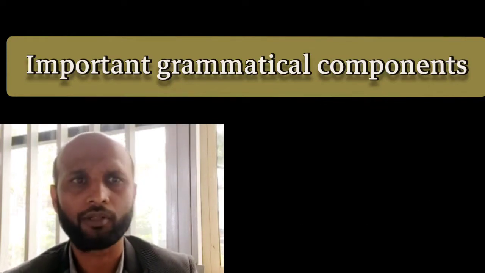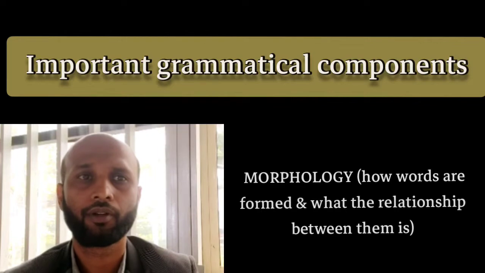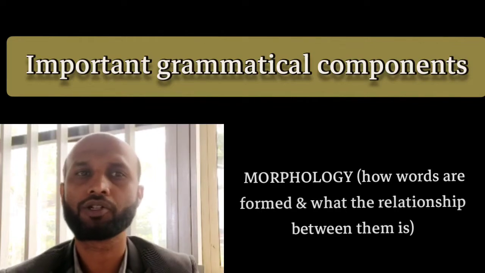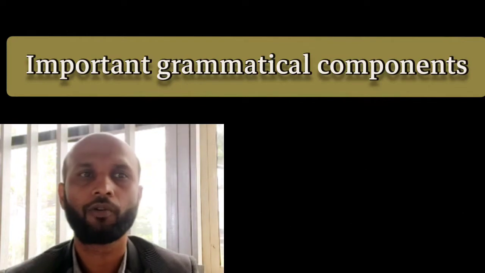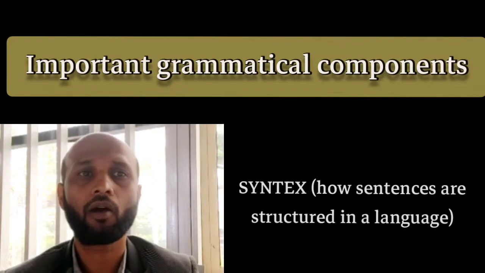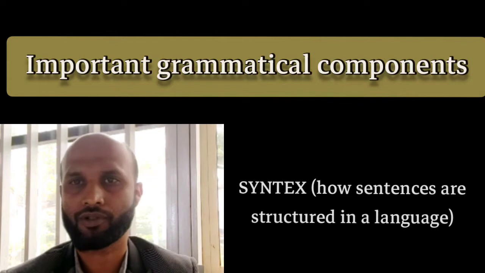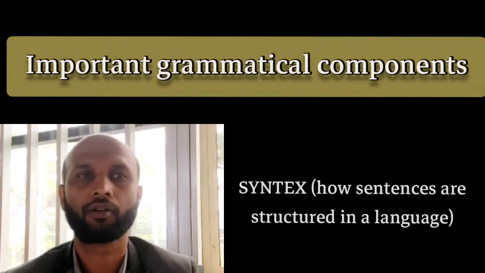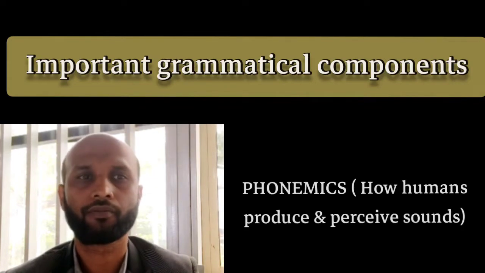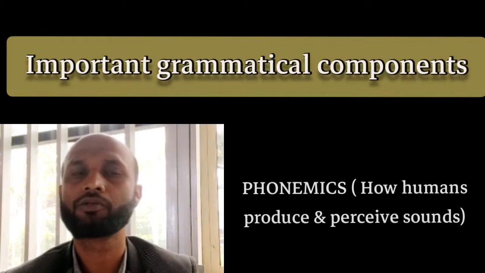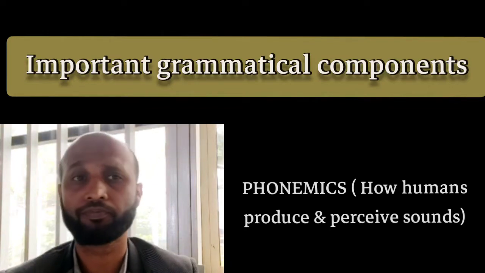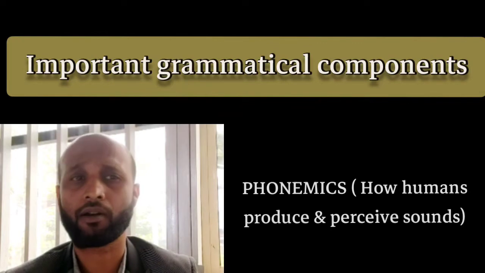We have another term called morphology. It talks about how words are formed and what the relationship between them is. We have syntax, how sentences are structured in a language. And we have phonemics. It talks about how humans produce and perceive sounds.